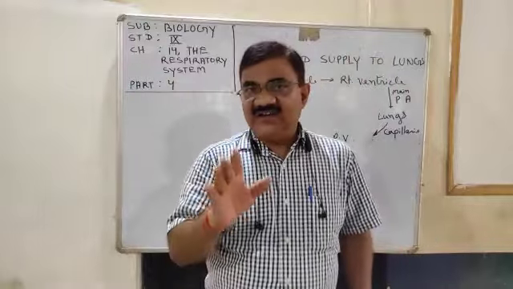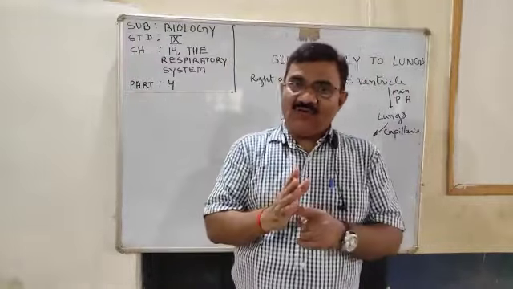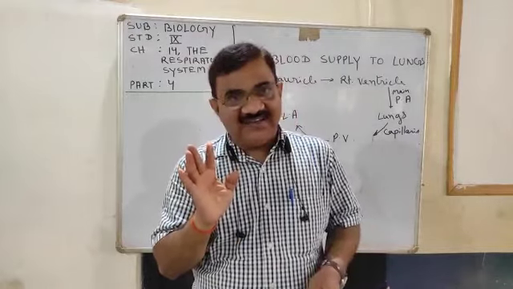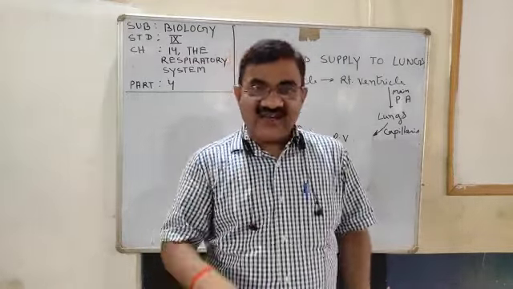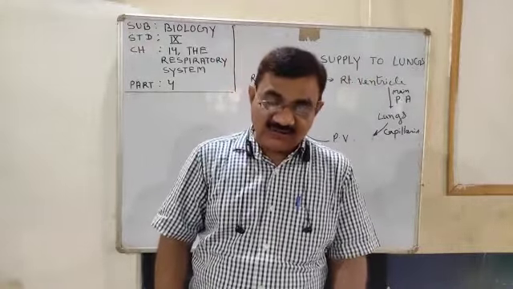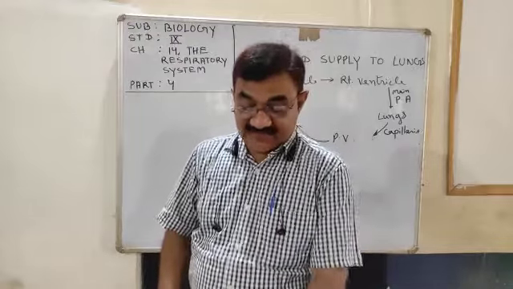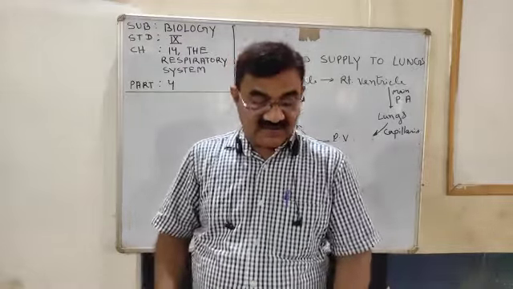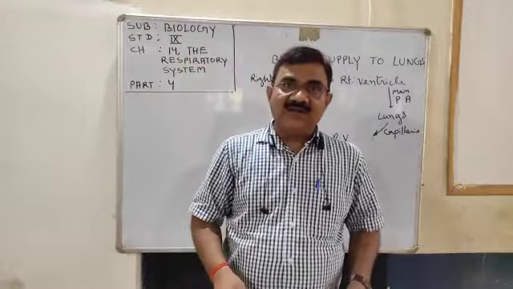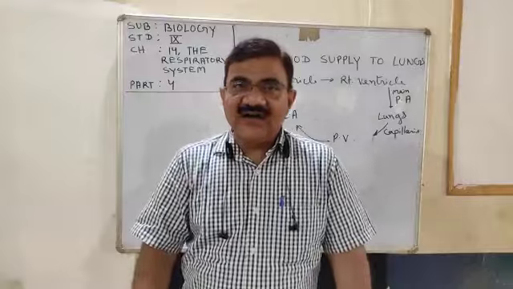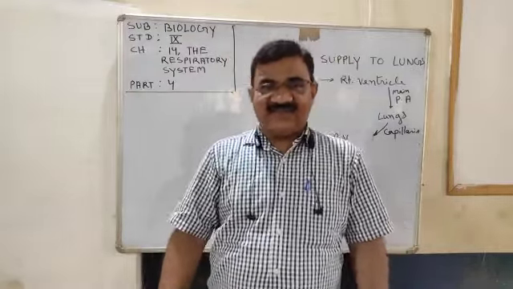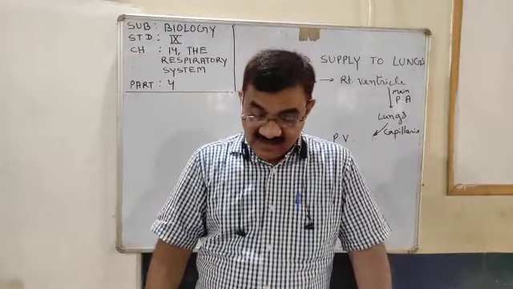Dear children, what have we discussed? We have discussed aerobic and anaerobic respiration. We discussed the respiratory organs and the parts of respiration, and the protective covering of the lungs, meaning the visceral pleura and parietal pleura.